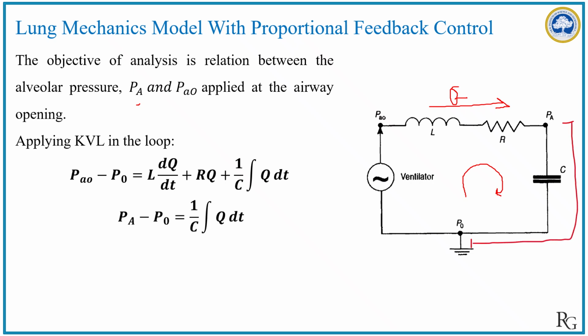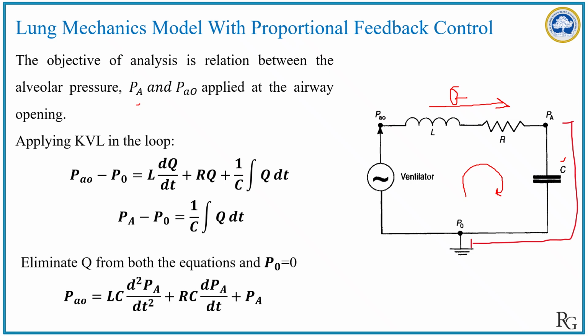Further, the potential drop between the two points PA and PO has been estimated. This is the potential drop across the capacitor, so it is written as PA minus PO is equal to 1 by C integration of Q dt. To eliminate Q from both the equations, and by putting PO equal to 0, we will get this particular equation.